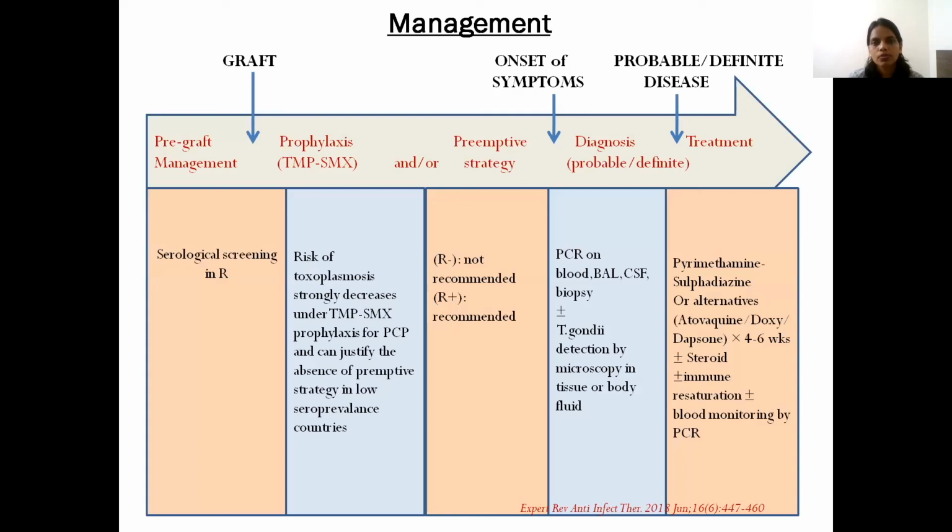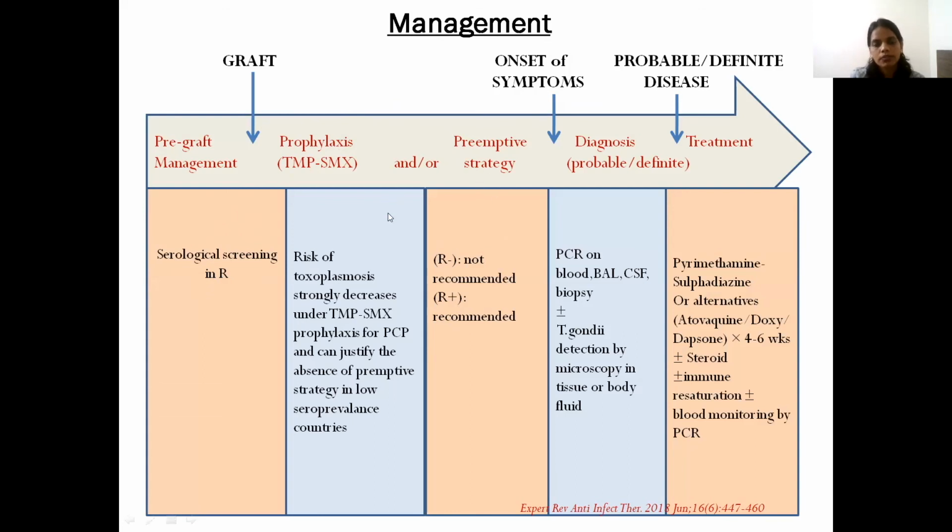Now the management of Toxoplasma infection in a stem cell transplant patient. Prior to engraftment, serological screening should be done for both the donor and the recipient for risk stratification. Then preventive therapy, either prophylaxis or a preemptive strategy, should be used. Preemptive therapy is recommended when the recipient is positive, but not recommended when the recipient is negative.